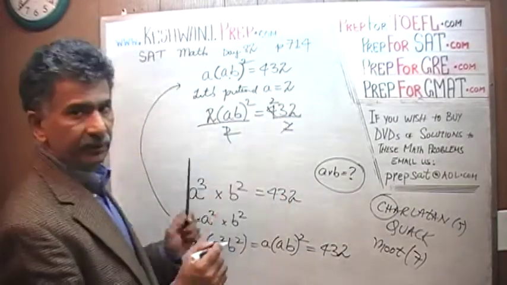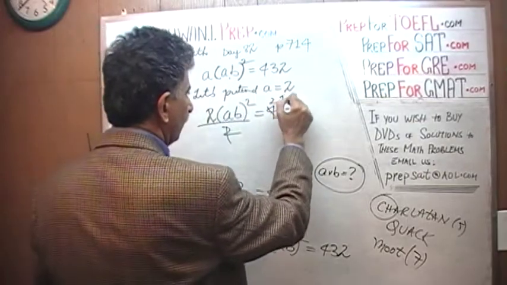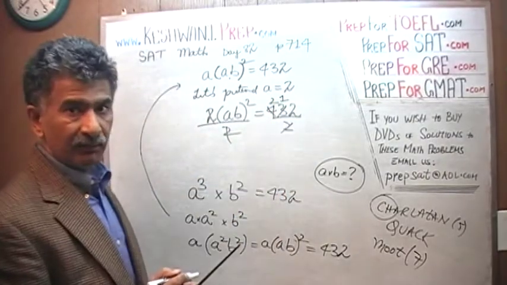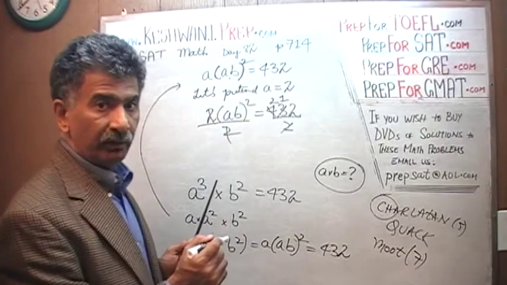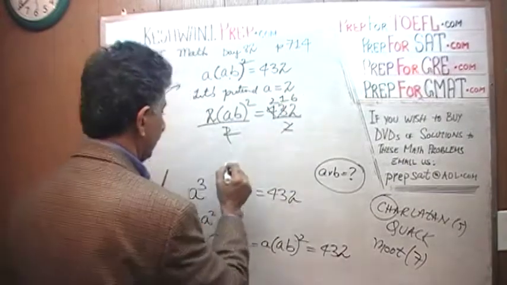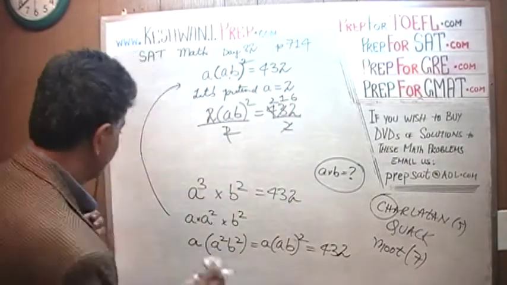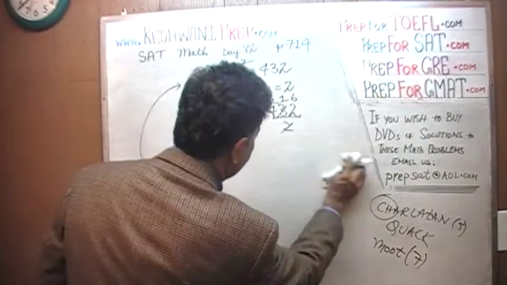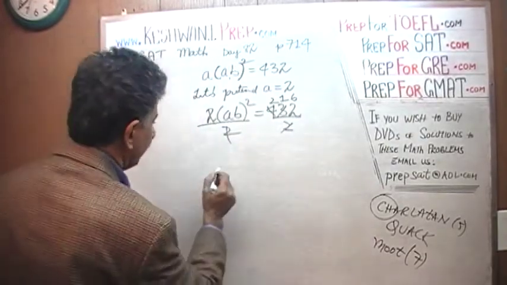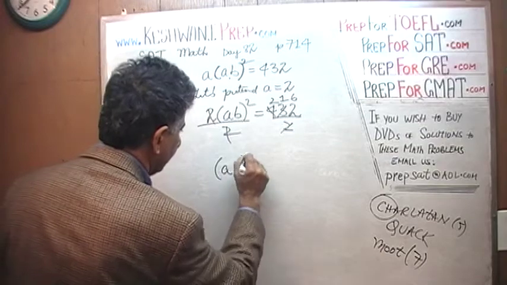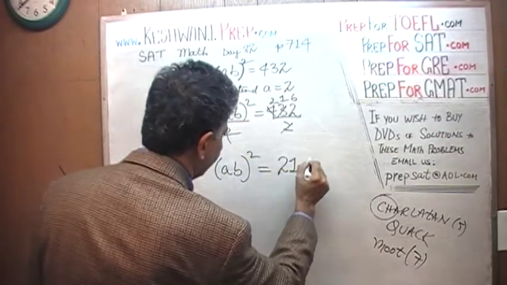How many 2's in a 3? 3 has 1 2. The remaining one goes and joins this 2, becomes 12. How many 2's in a 12? 12 has 6 2's. And what we find is that AB squared equals 216.